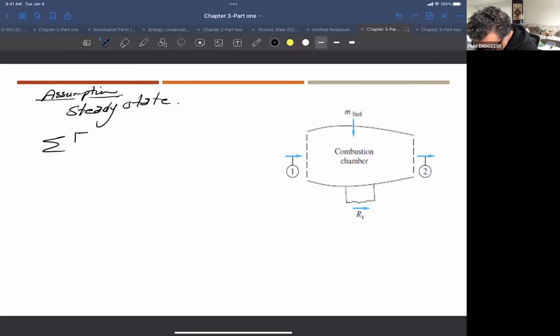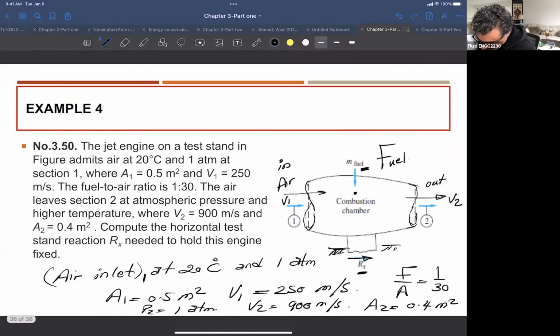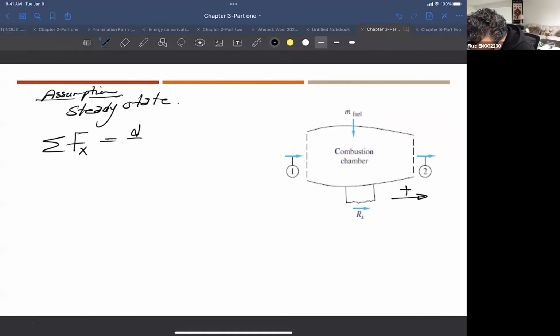summation of the forces. And let's say this is our X direction. So summation of force in the X is equal to, remember this is basically what we're talking about, right? dm/dt of the velocity, rho dv, of the volume, plus what?